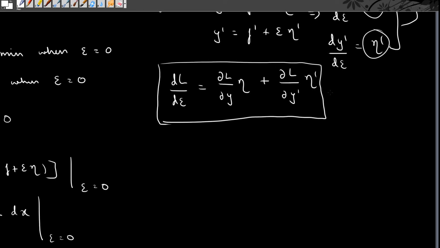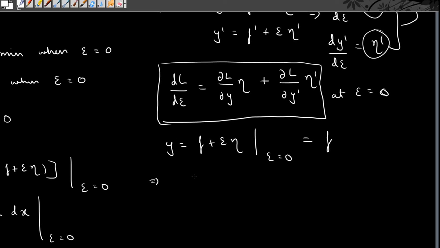Now we want to evaluate this at epsilon equal to 0. For this case, y equals f plus epsilon eta at epsilon equal to 0 is nothing but f.